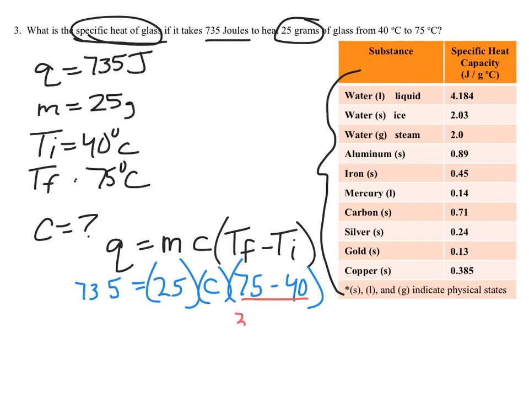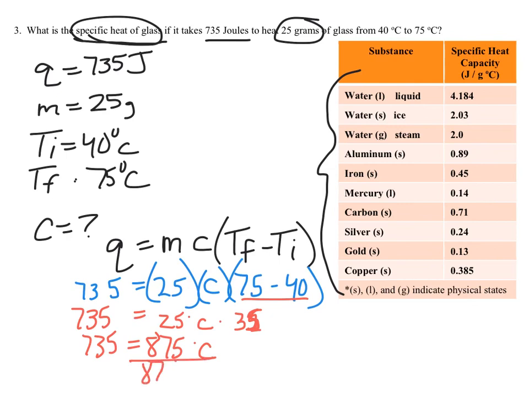No, 35, sorry. So that's 35, almost wrote 32, sorry. 35 times 25 times C gives me 735. I'm going to multiply 25 and 35 together, and I'm going to end up with 875 times C equals 735.